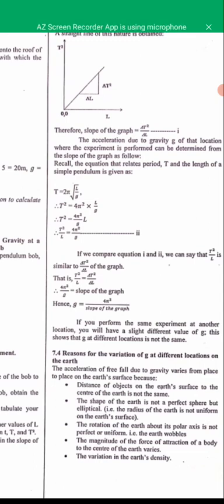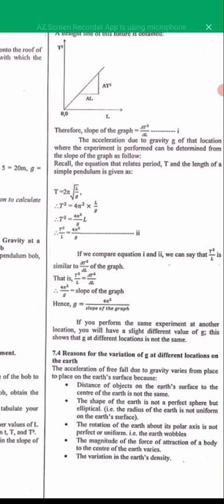If you have l, the length of the pendulum, and t square, which is the period of the experiment, then with pi as 22/7, if you substitute those values into that equation, you're going to get a value for acceleration due to gravity.